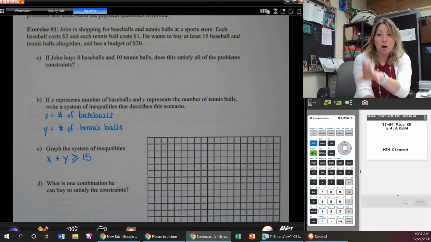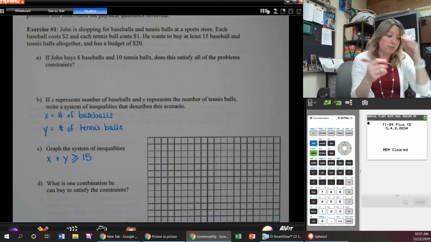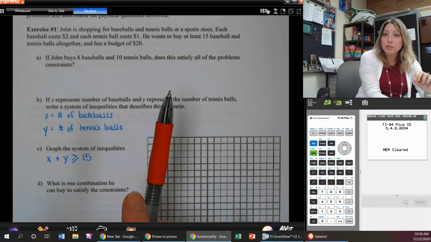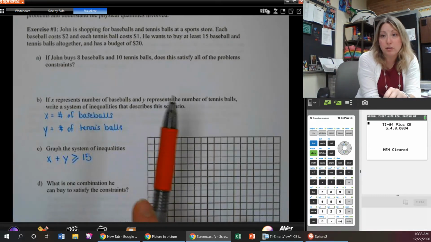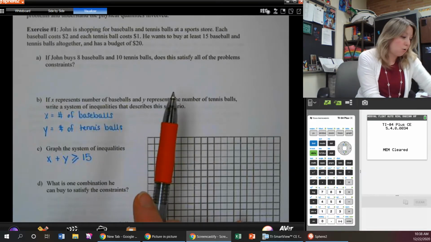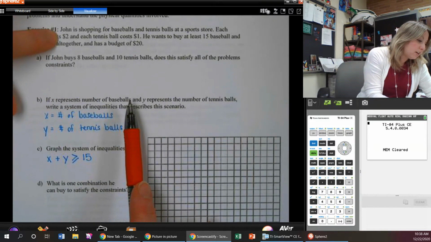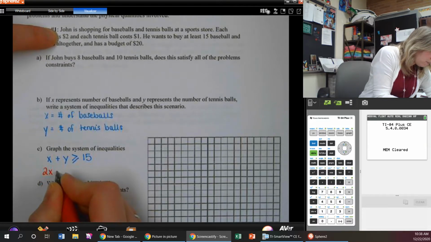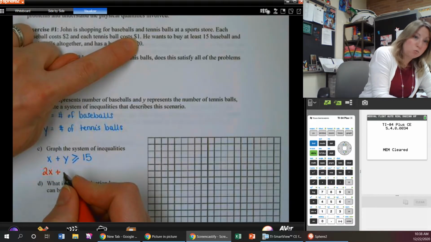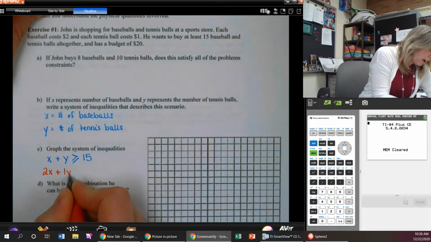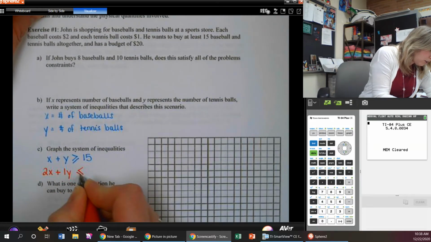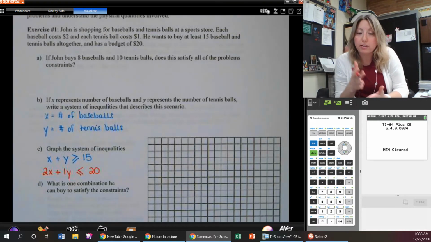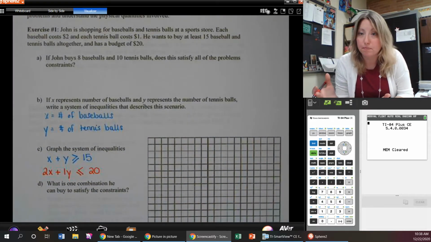Now, the other issue, and I'm going to do the other one in red, is that John only has $20 to buy these baseballs and tennis balls with. So if he knows that each baseball is $2, it's 2 times X, plus he knows that each tennis ball is $1, it's 1 times Y, has to be less than or equal to $20 because that's the maximum amount of money he has.